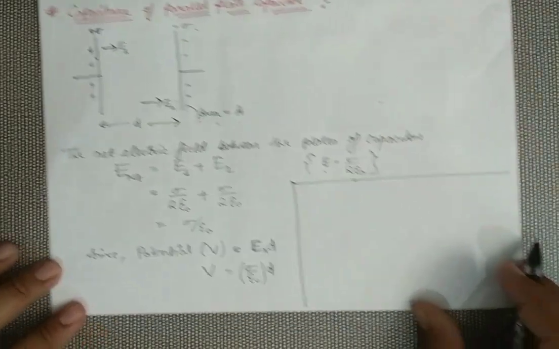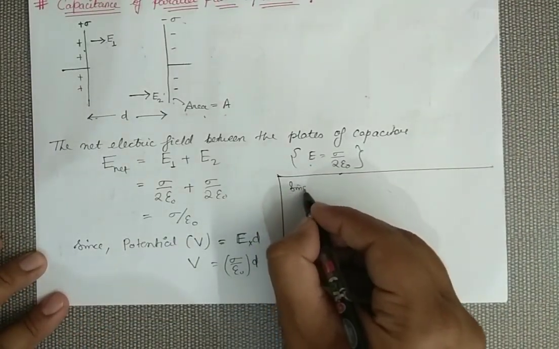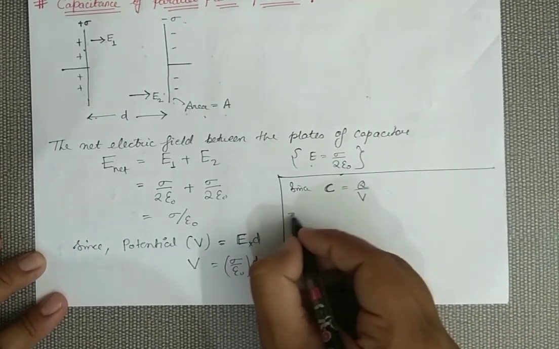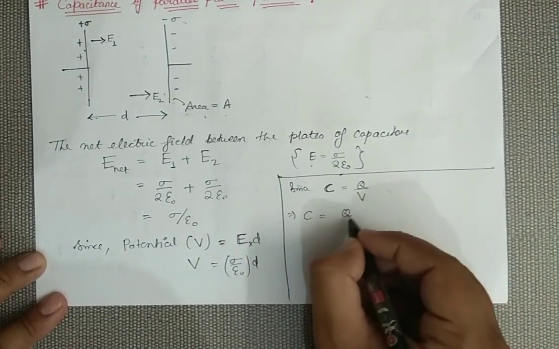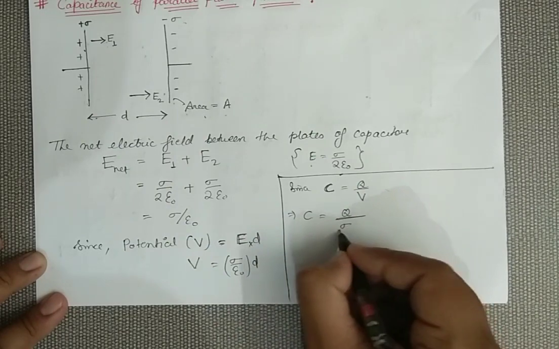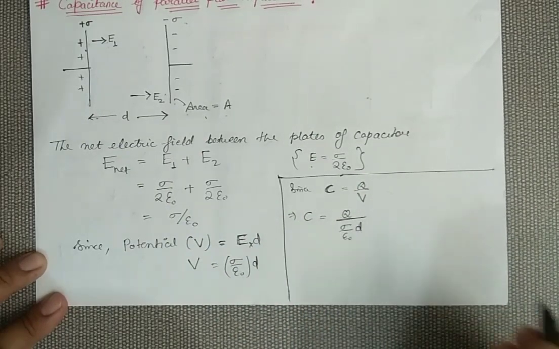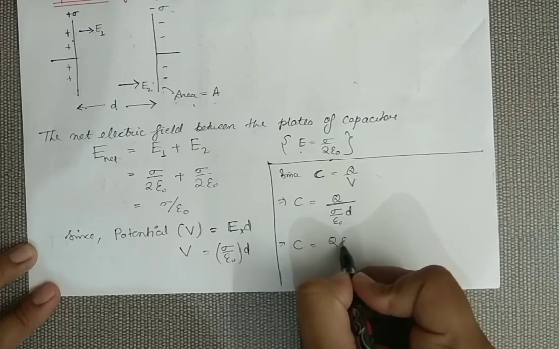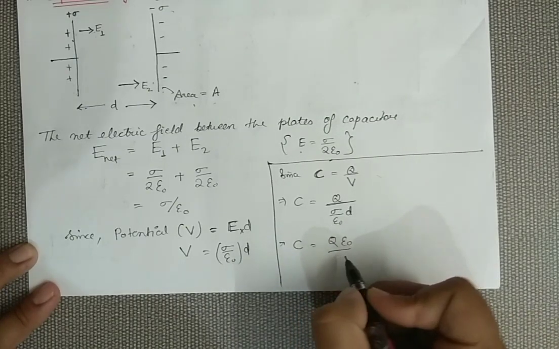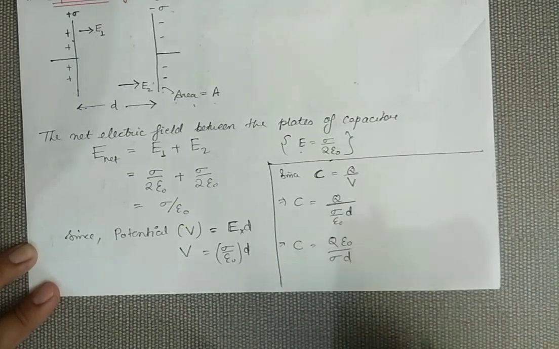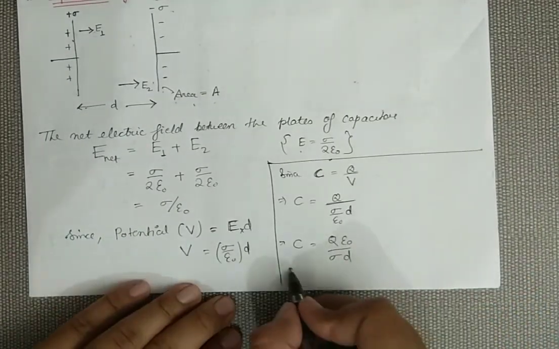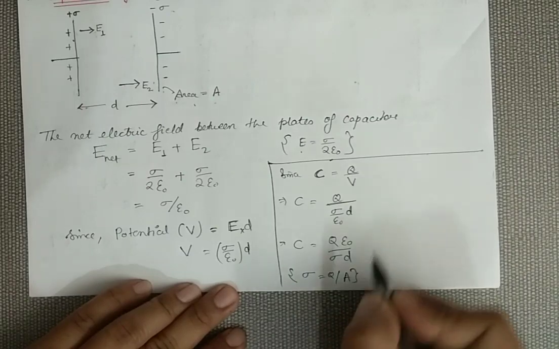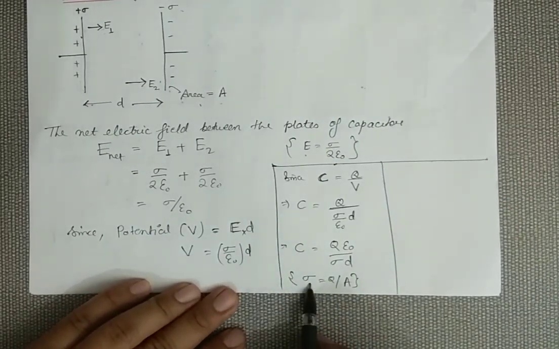Now if you remember, capacitance C is given as Q by V. Just substitute the value Q, and the value of V is sigma by epsilon naught times D. So C equals Q epsilon naught by sigma into D. Just remember one more concept: this sigma stands for Q by A, the surface charge density.